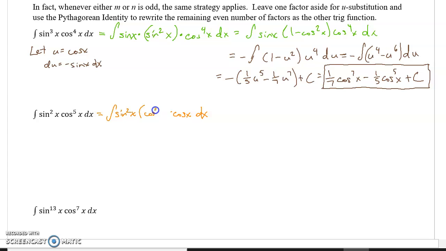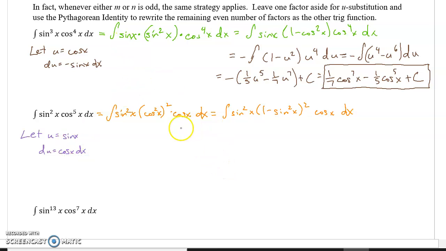We want to use that Pythagorean identity, so we'll put a cosine squared in there, and then squared gives us the fourth. So we've got sine squared of x times 1 minus sine squared of x squared times the cosine of x dx. And this time we're going to let u equal the sine of x, which means du equals cosine of x dx.